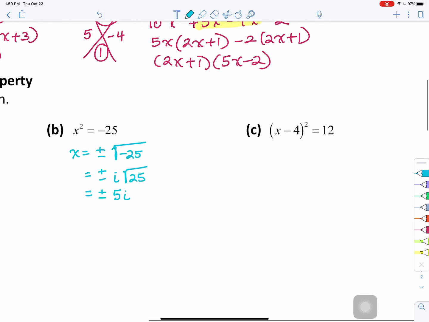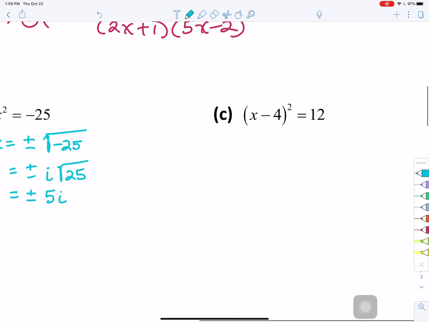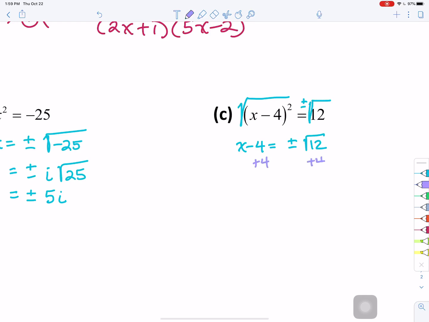Let's try C. And C is really nice. Remember, we're going to take the square root of both sides here. So we will actually have x minus 4 equals plus or minus the square root of 12. Now let's go ahead and add 4 to both sides, and we have x is equal to 4 plus or minus root 12.